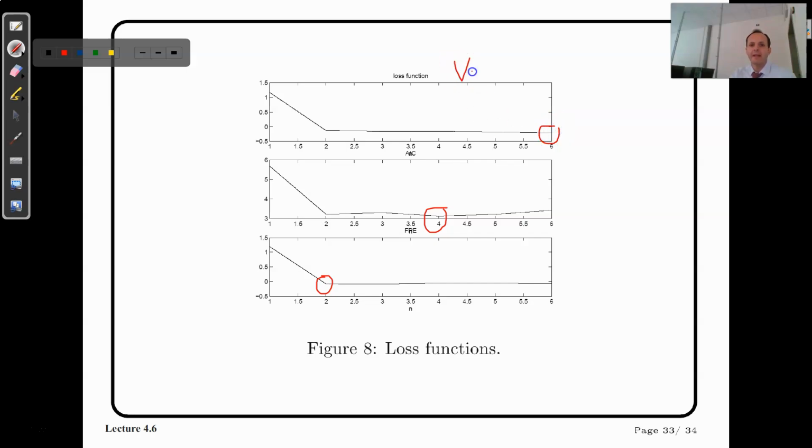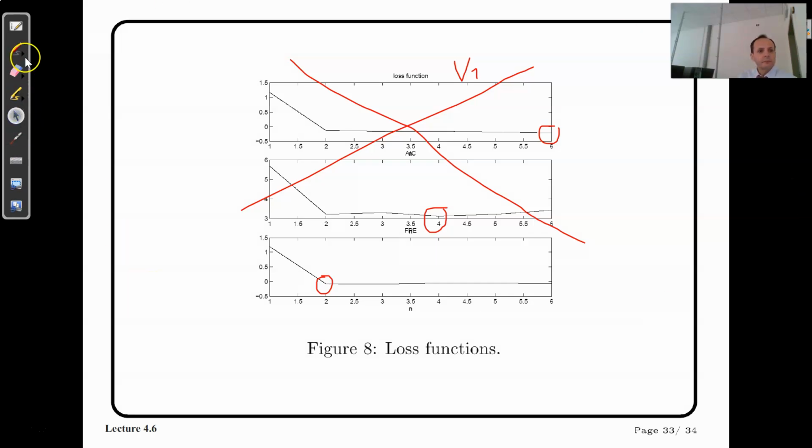This is again the V1 6. So you can neglect the suggestion of a model order 4 and 6. So let's keep the lowest order, 2.